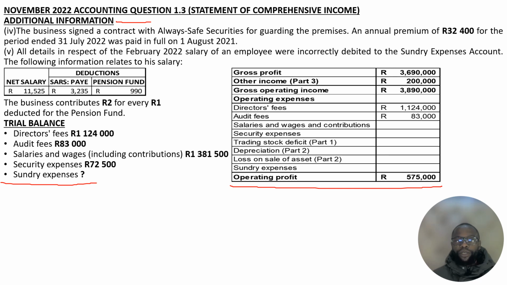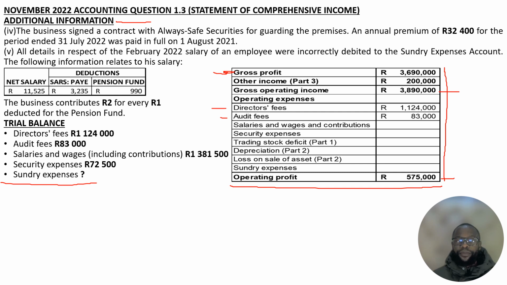If you look at your answer sheet, you are given sales, cost of sales up to gross profit. The other information already given on your answer sheet is directors' fees, audit fees, the operating profit and gross operating income.